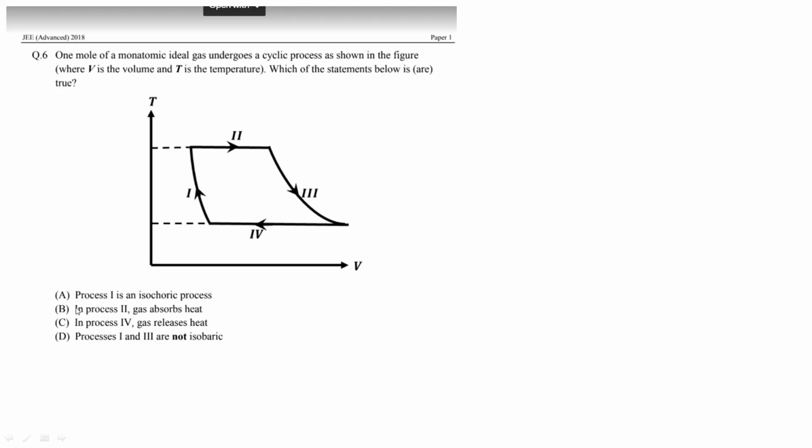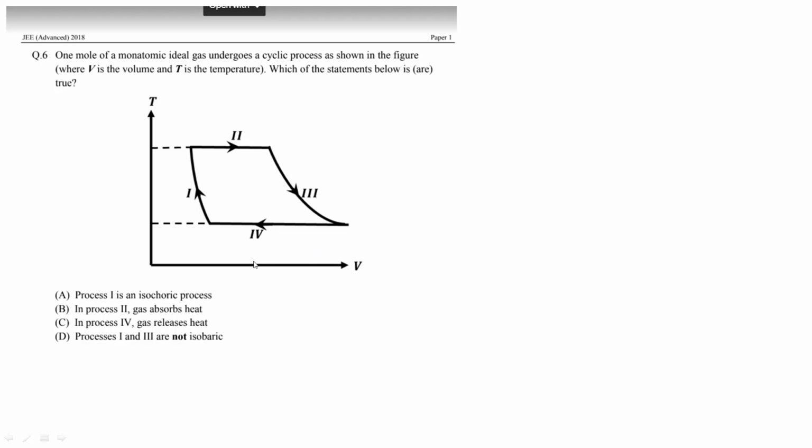Now here they say that in process 2 the gas absorbs heat. So 2 is an isothermal process. In an isothermal process, in the case of an ideal gas, there is no change in internal energy, so delta Q becomes work done. In process 2, you can see that the system moves from left to right, and the volume of the system increases.